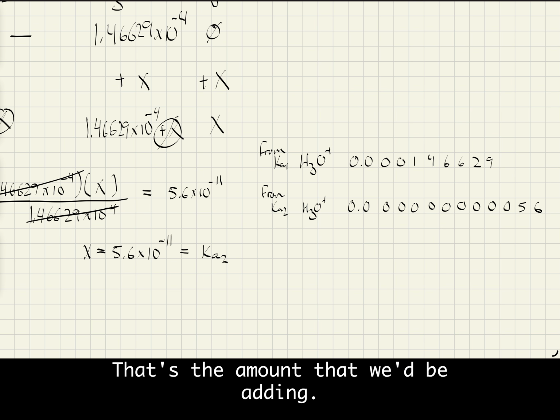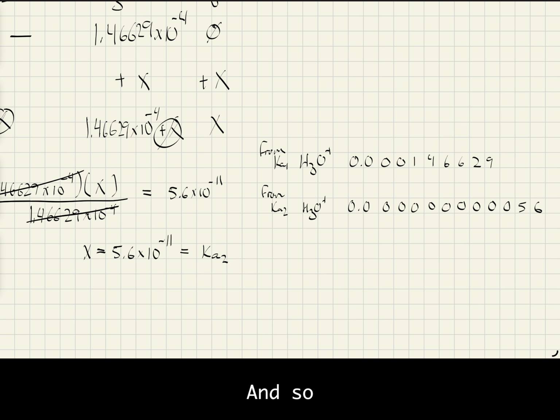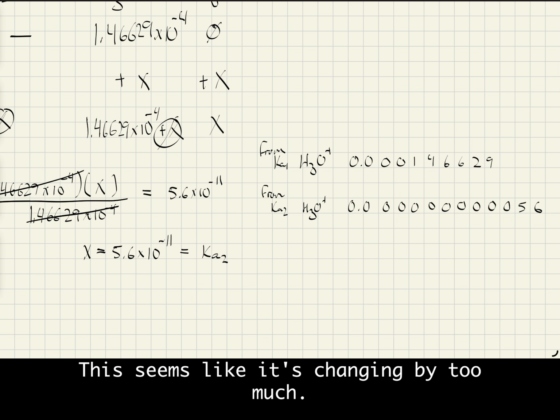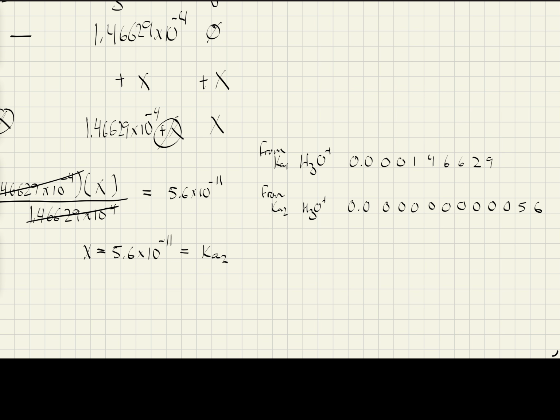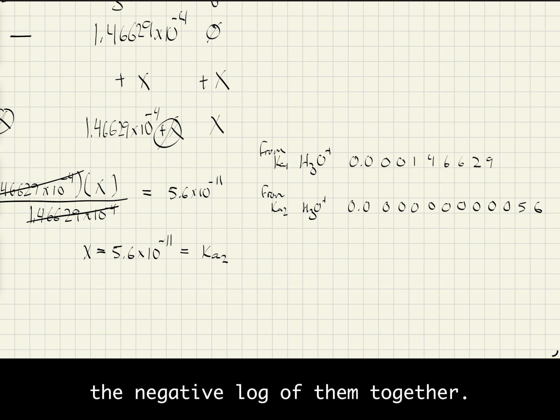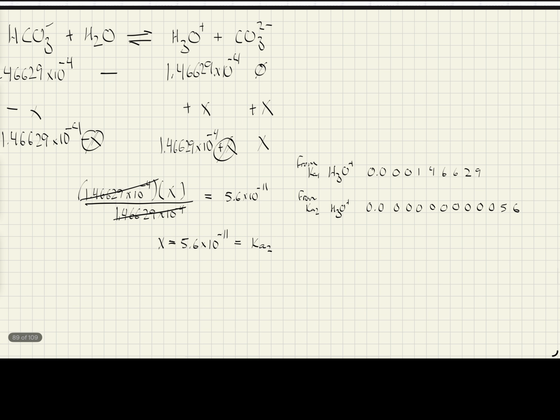That's the amount that we'd be adding. And so this changes it by 0.01, from 3.82 to 3.83. This seems like it's changing it by too much. That's what I added, and then took the negative log of them added together. I mean, it's like 0.26%.